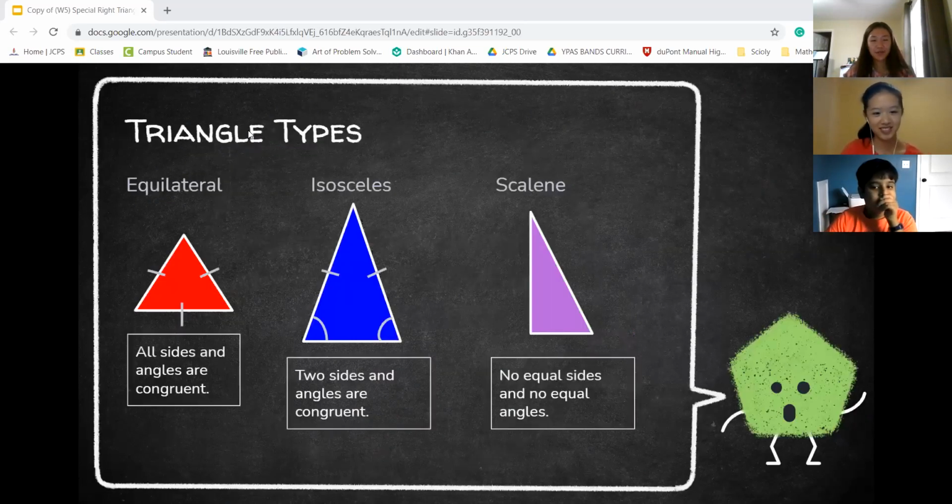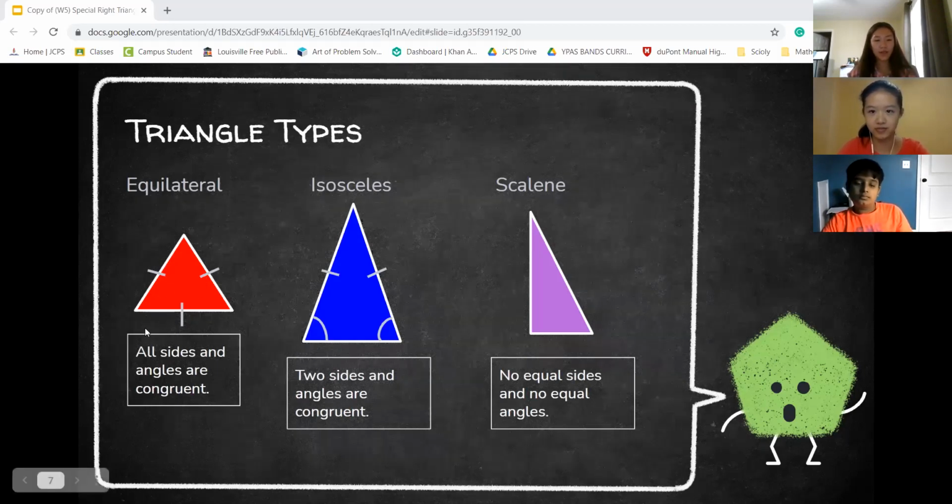So here are some triangle types based on the length of the sides and the angles. Equilateral triangles are triangles that have congruent sides and angles. So the lengths of all of these sides are the same, and the angle measures are all the same. That's what congruent means.